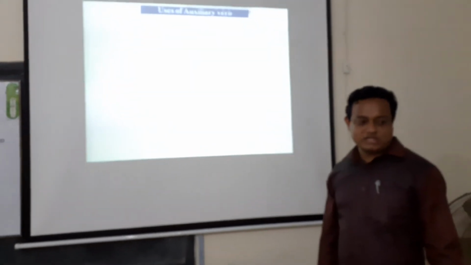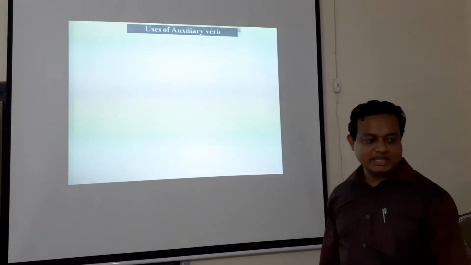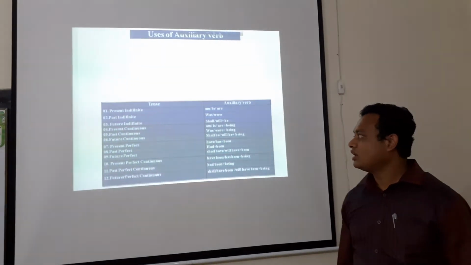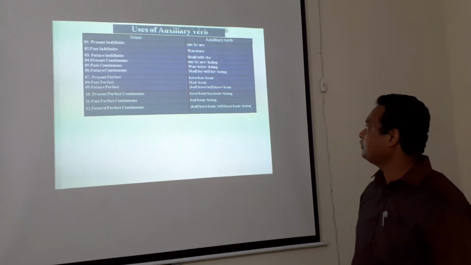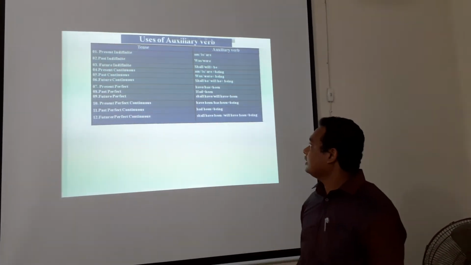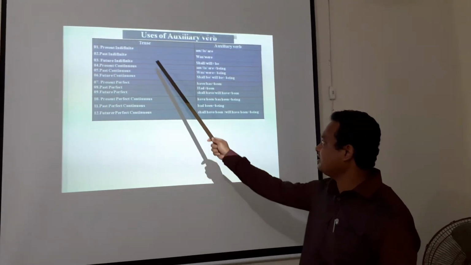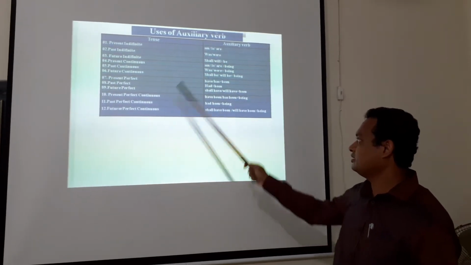According to rule number 2, the uses of auxiliary verbs in a passive sentence. Please follow the uses of auxiliary verbs. If the sentence is present indefinite, the auxiliary verb will be am, is, are.